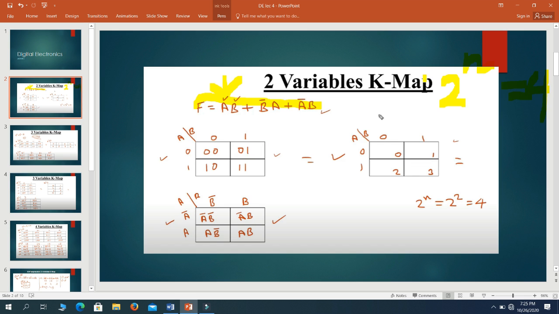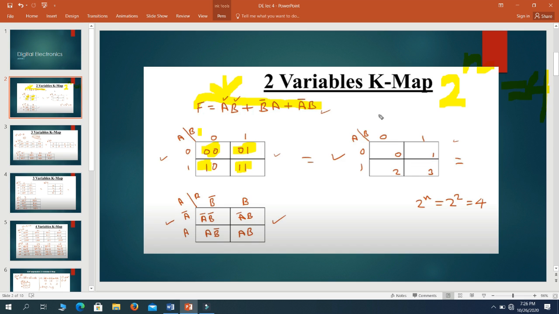This 4 indicates that we have to make 4 cells. You might be asking yourself, what are these cells? Cells are nothing but these things. This is one cell, this is another cell, this is the third cell, this is the fourth cell. Altogether we have 4 cells, because 2 squared gives us a value of 4.